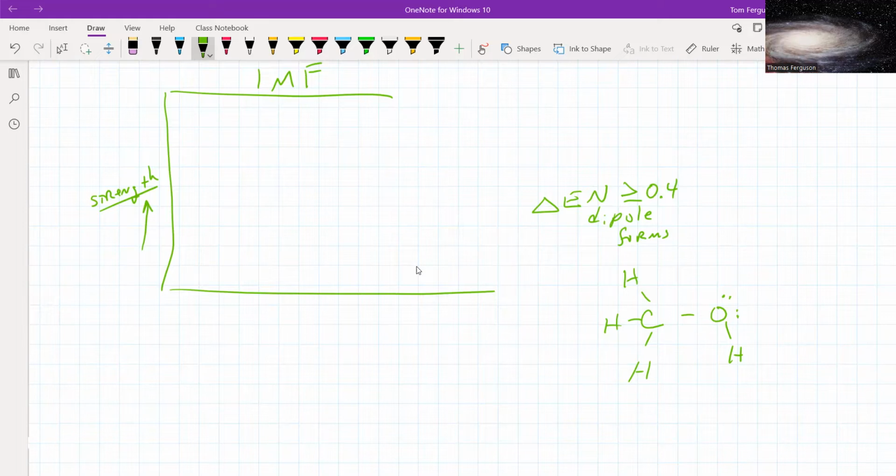Okay, so methanol. Does methanol have a net dipole? Well, remember it's got oxygen, with two single bonds. So we're going to have a net dipole then. Okay, so let's see what this looks like when we look at intermolecular forces.